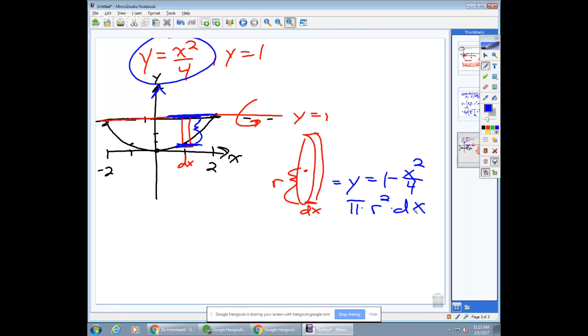So for our integration here, we're going to spin it, and then we need to consider x going from -2 to 2. And we get pi times parentheses, my radius, 1 minus x squared over 4, squared, dx.